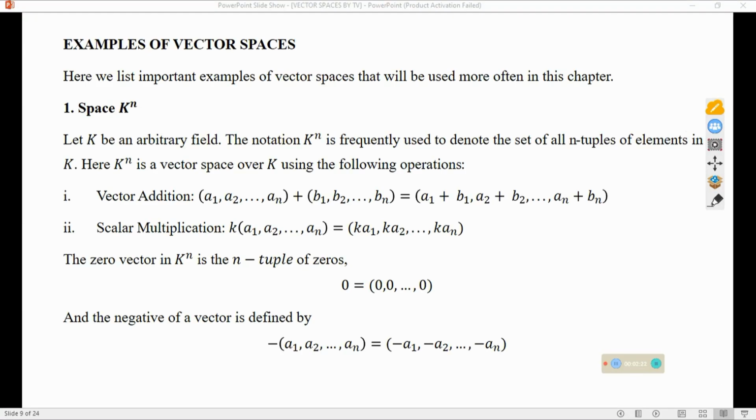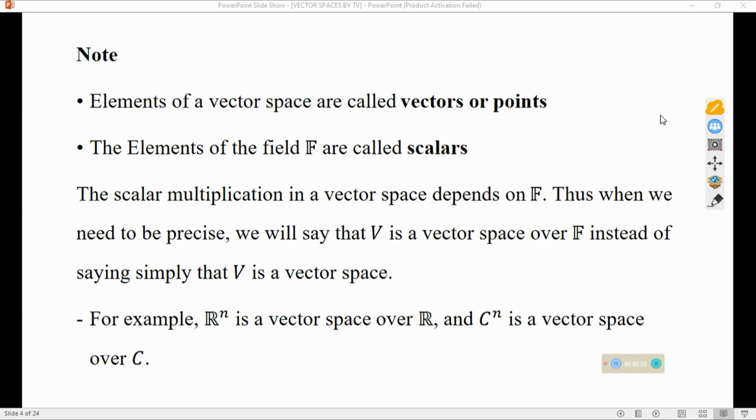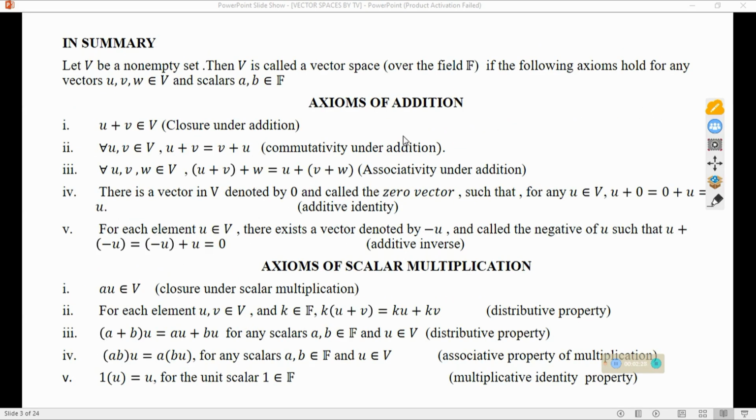When you look at how we defined a vector space, we have axioms classified into two: axioms of addition and axioms of scalar multiplication. To prove that a given non-empty set is a vector space, you must first know how to deal with the addition of vectors in that space and how to deal with scalar multiplication.